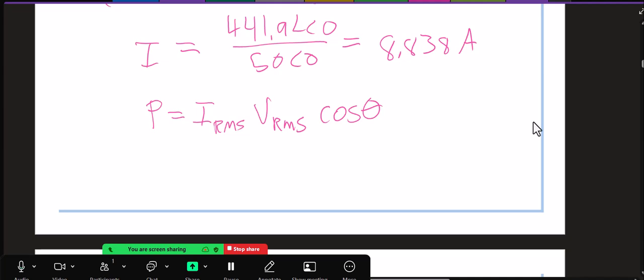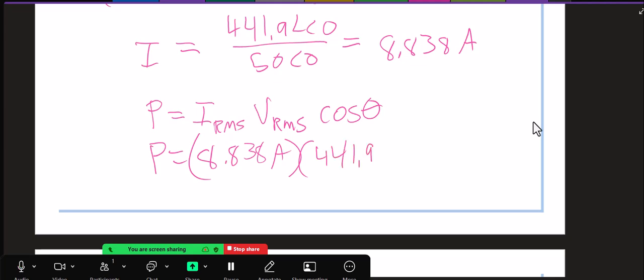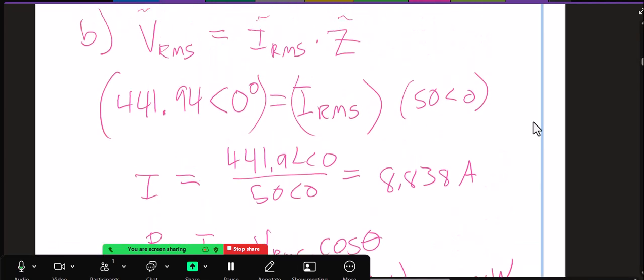And theta in this instance is 0, and the cosine of 0 is 1. So that would be 8.838 amps times 441.94 volts, which gives 3906 watts again. So we get the same answer.